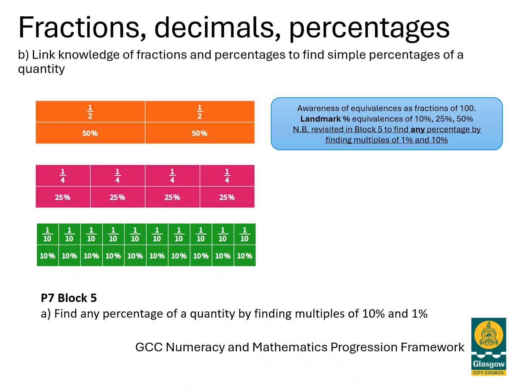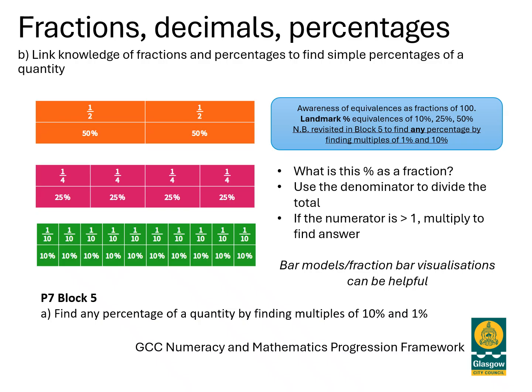So using these then, we have a very simple process to follow. What is the percentage as a fraction? And then we're using the same process we've just talked about in fractions. Now that we know that 50% is the same as a half, we can use our denominator to divide, and then it's the same process we've just been using.